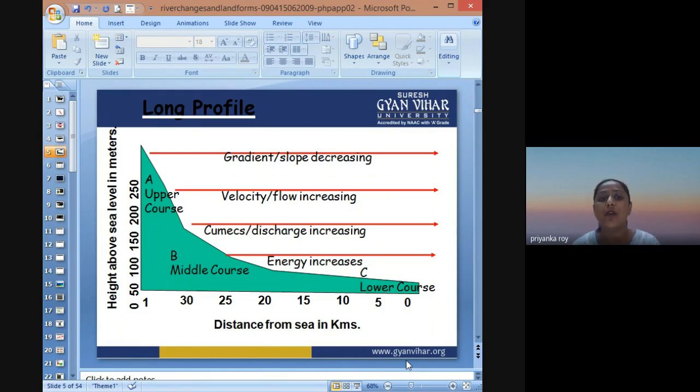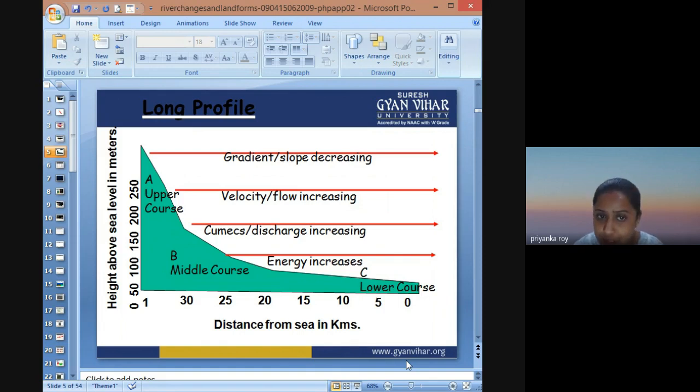As we come from the upper course, the gradient or the slope is very steep. We have a high slope in this area, that is the upper course of the river, and the water velocity is also very high. When you come to the middle course, the slope gradient is gradual, not very gradual, but less than the upper course.